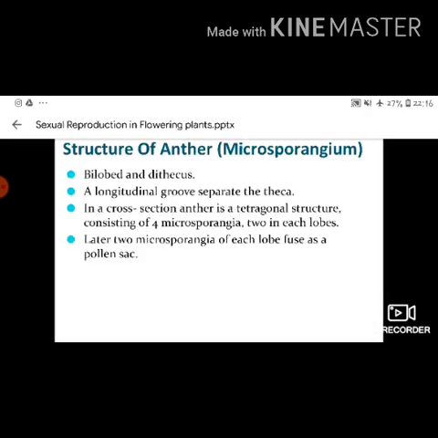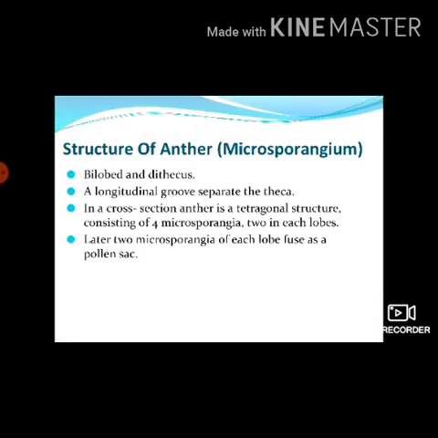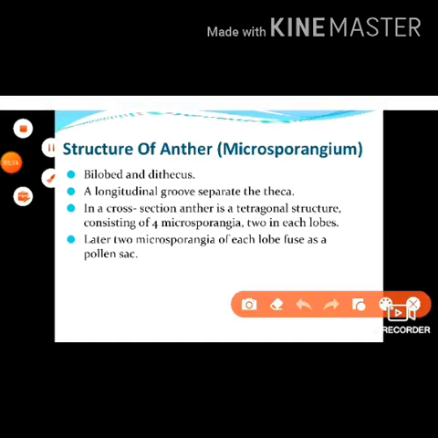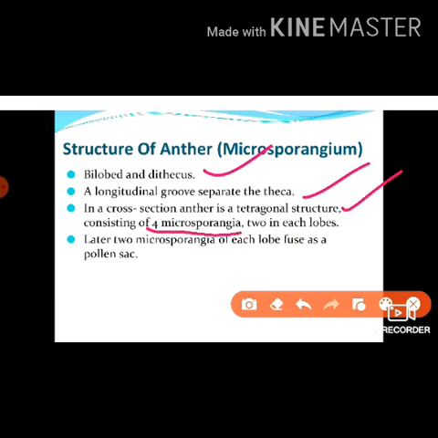Next, the structure of anther, that is nothing but microsporangia. I already explained this; usually it is dithecous, meaning it contains two theca. We also call it bilobed. In the structure, longitudinal grooves are present, and in cross section it is tetragonal and contains four microsporangia.